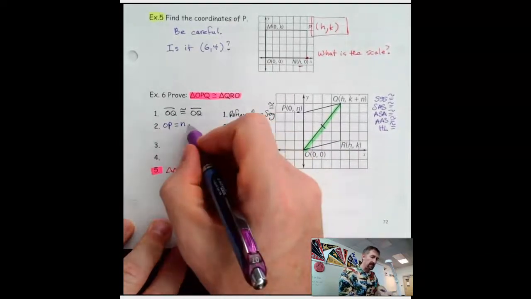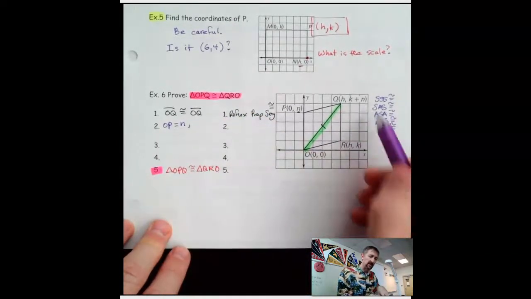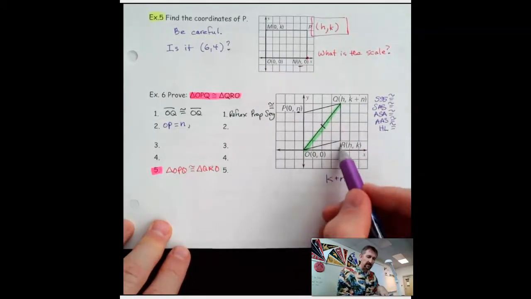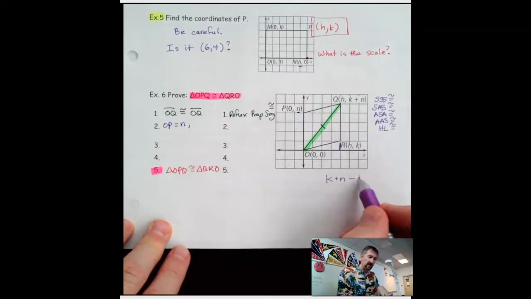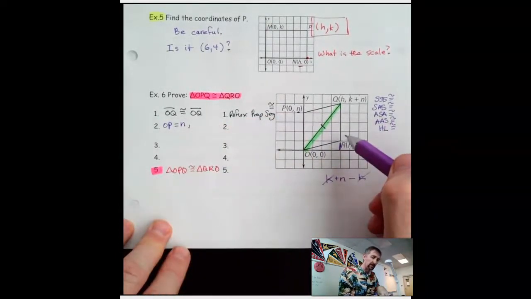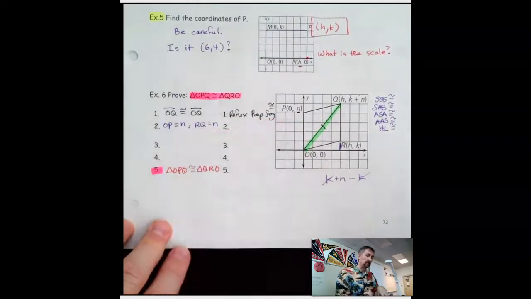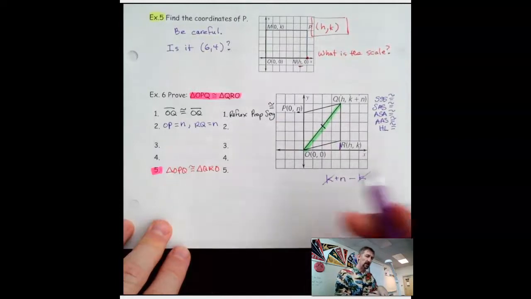All right, and if we look over here, that's going to be k plus n minus, this is k right here, minus k. So that's just going to be n. So RQ is also n. All right.